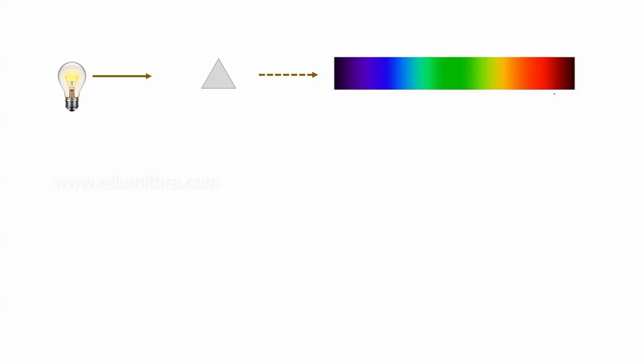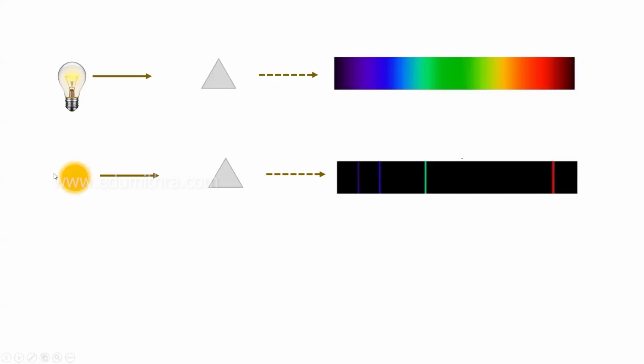Now again we are taking another kind of thing. It is not the sun. Anyway, this happens for the sun as well, but here this is a hot gas. For example, we can take a tube full of some gas, and we can heat it up using some electricity.